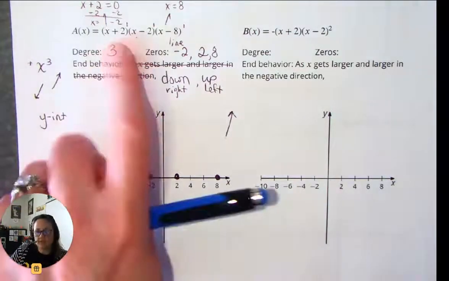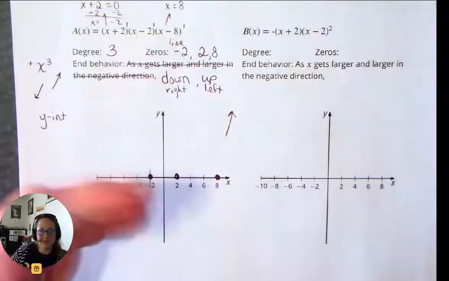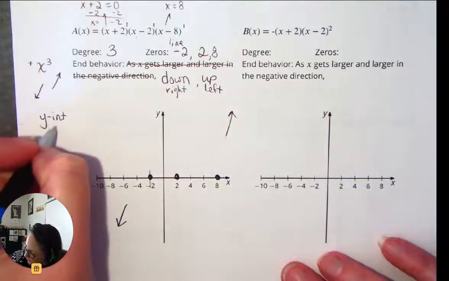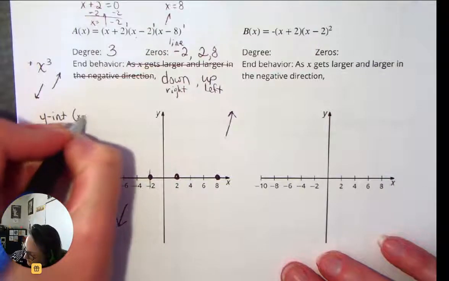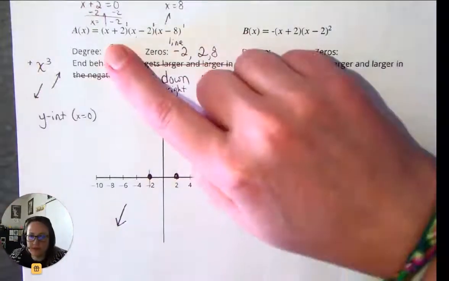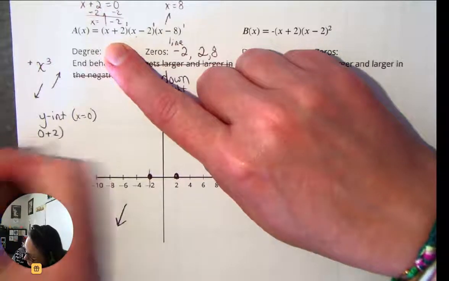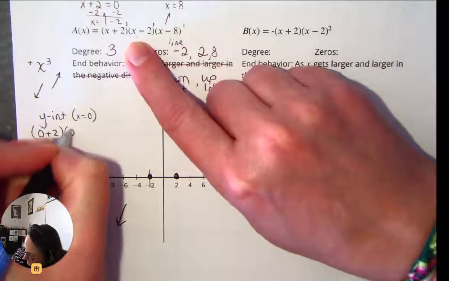Now we would normally find that if this was in standard form by looking at the constant. But I can also find that when x equals 0. So when I put in 0 for each one of these, I would have 0 plus 2, 0 minus 2, 0 minus 8, putting it in for every x.